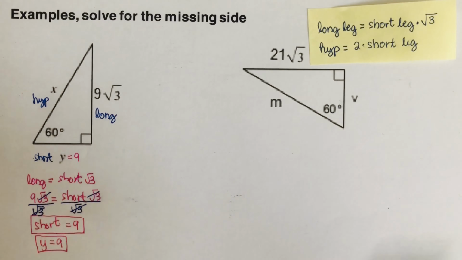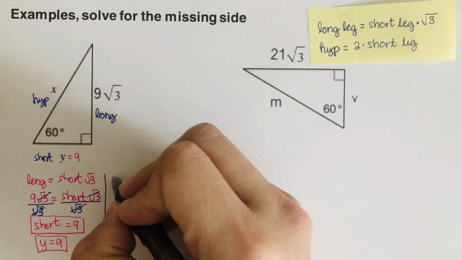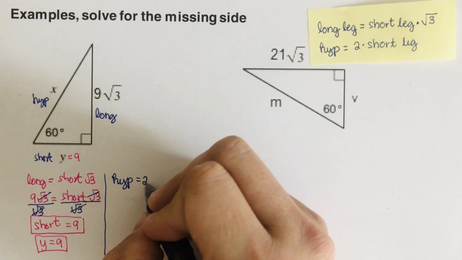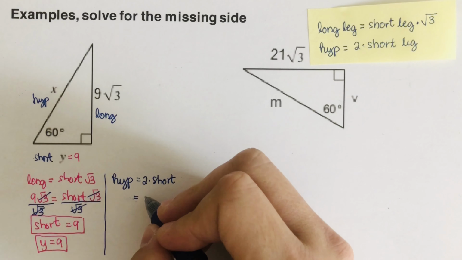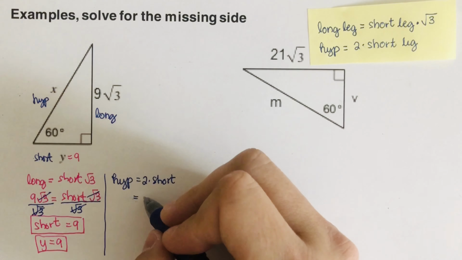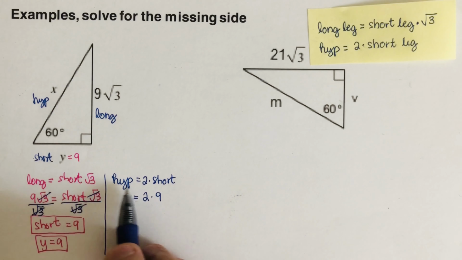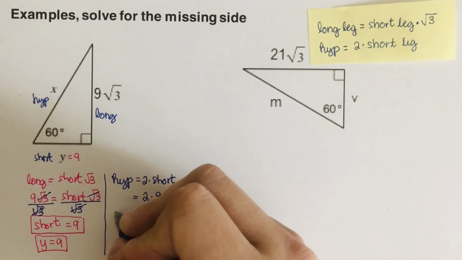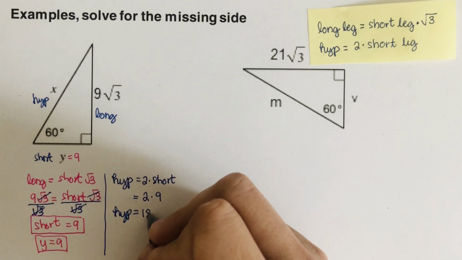Now we solve for the hypotenuse. We use the formula for the hypotenuse, which is 2 times the short leg. Our short is 9, so the hypotenuse is equal to 2 times 9, which is 18.